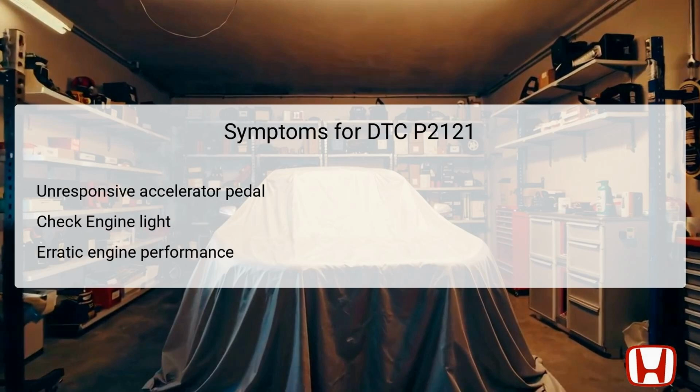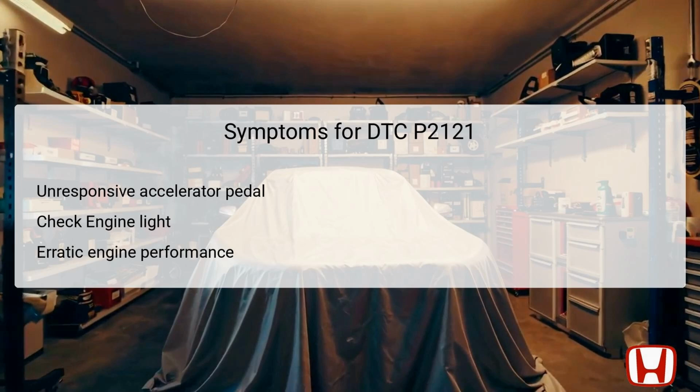When DTC P2121 is triggered, you may experience several symptoms that indicate a potential problem with the accelerator pedal system. The most notable symptom is often an unresponsive accelerator pedal, which leads to a significant reduction in vehicle performance and ability to accelerate as intended.